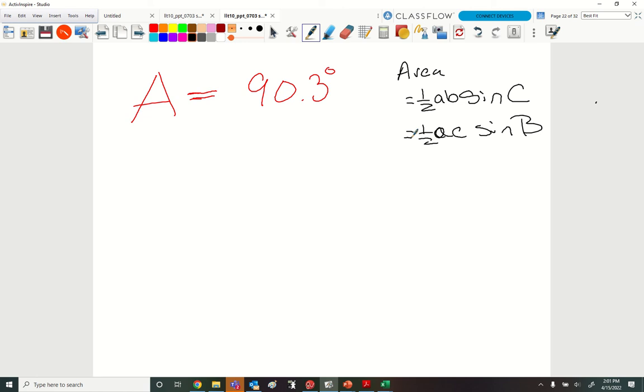So for this one right here, I know big A. So I'm going to have to use 1/2 b c sine of A. All right, so my area is going to be 1/2 times b, what was the b value here?